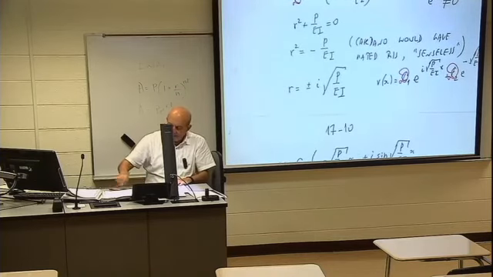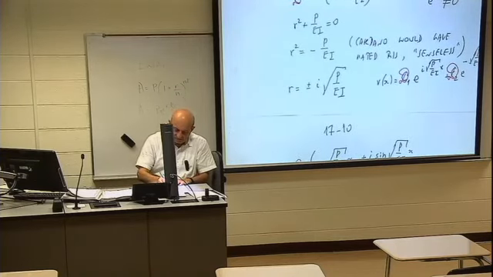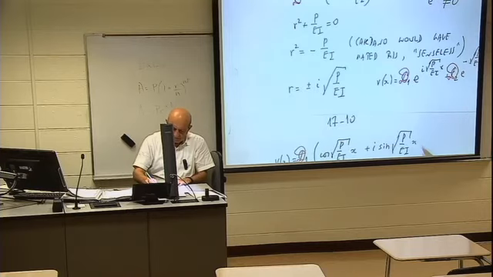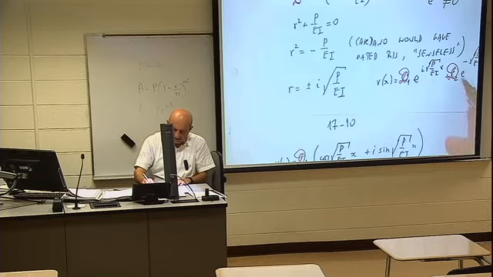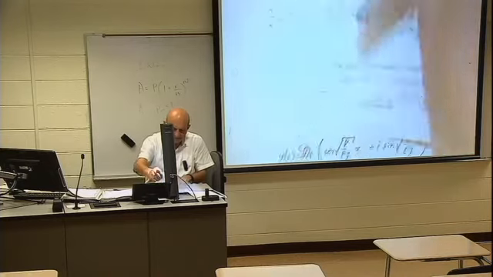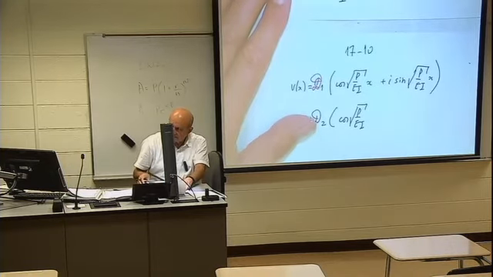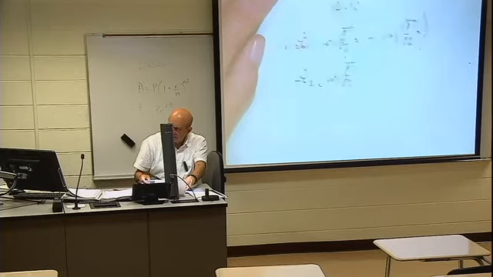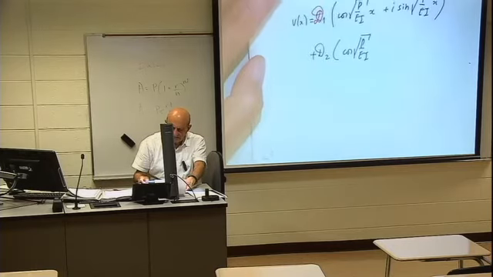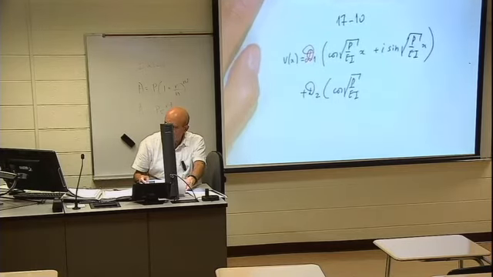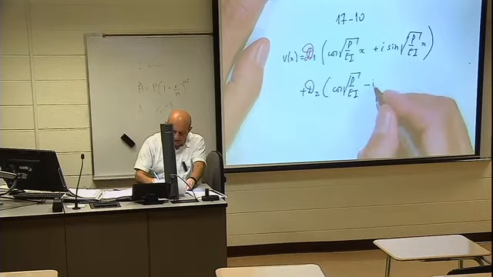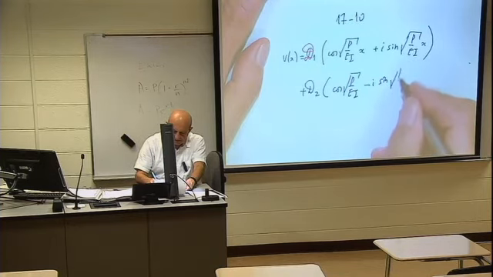Okay, so we have here d1 plus d2, here will be cosine p over EI x, minus i sine p over EI x.